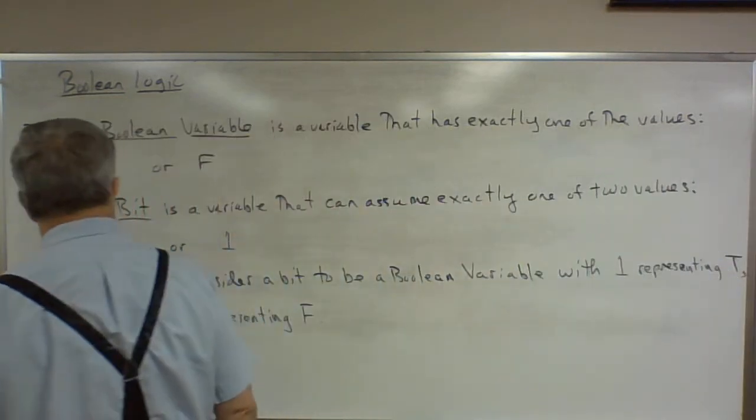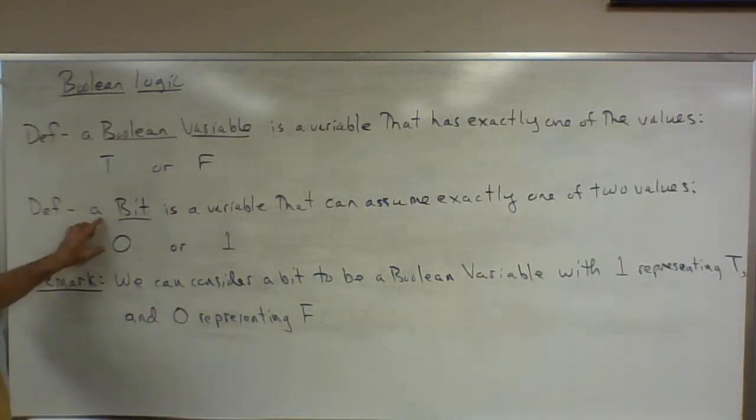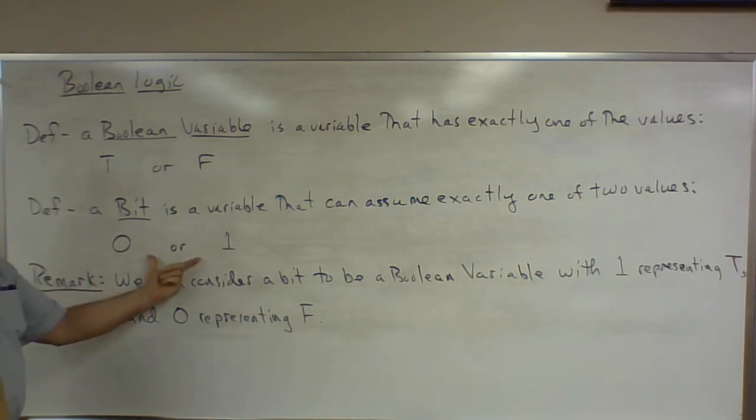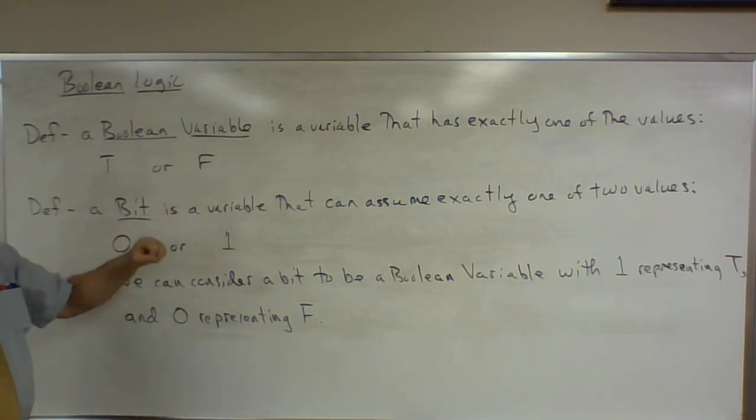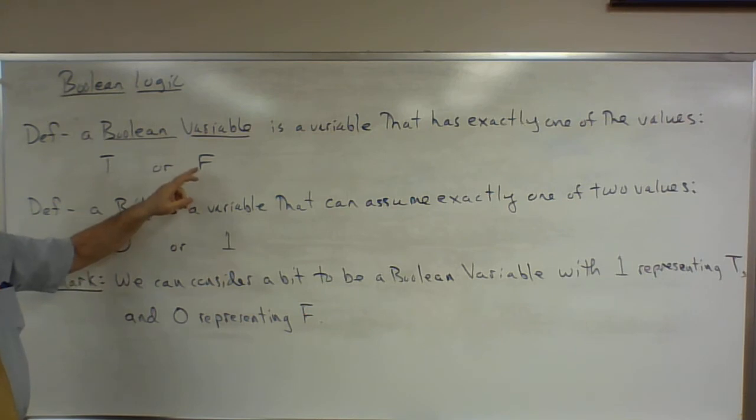So logically, we take a bit that can have exactly one of two values, 0 or 1, and it must have one or the other. And we say, you know what? This is very similar to a Boolean value that can have only the values of false and true, and it has to have one or the other.